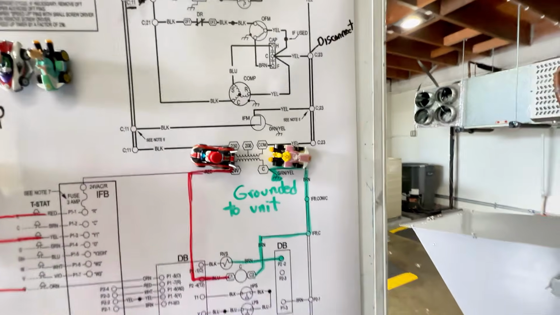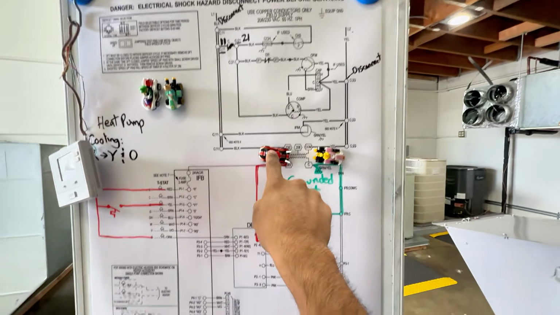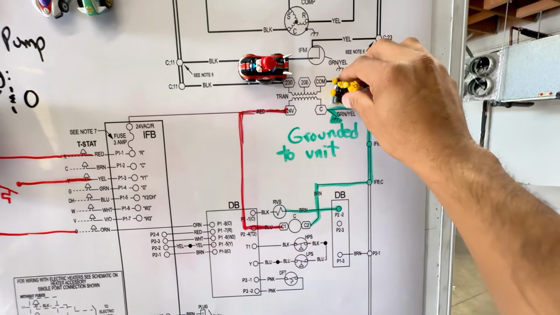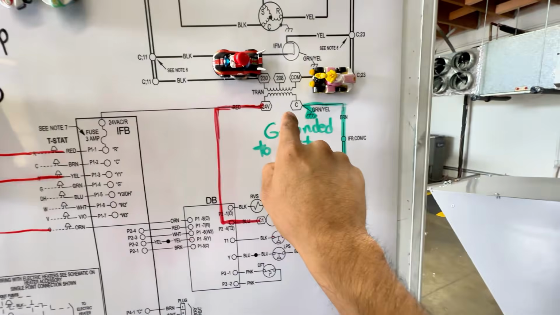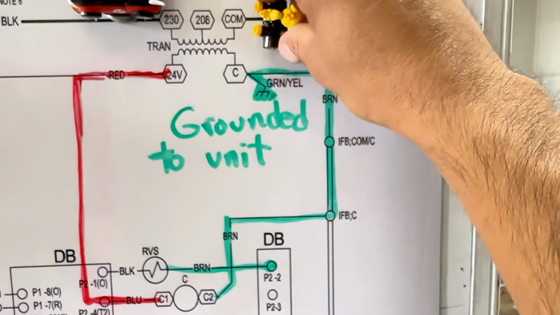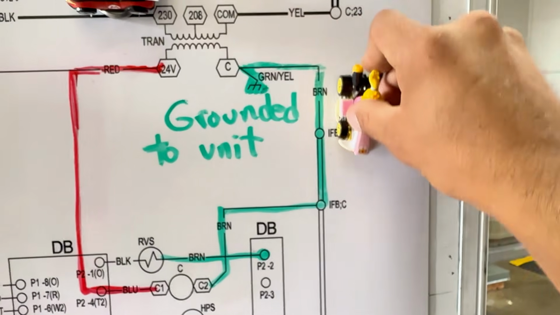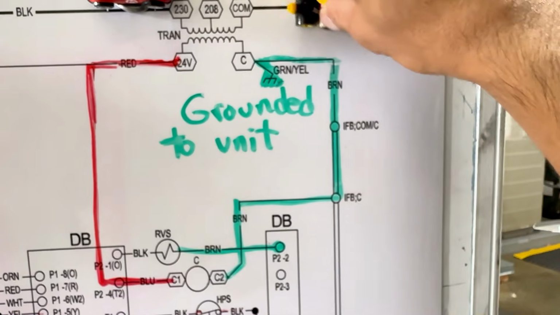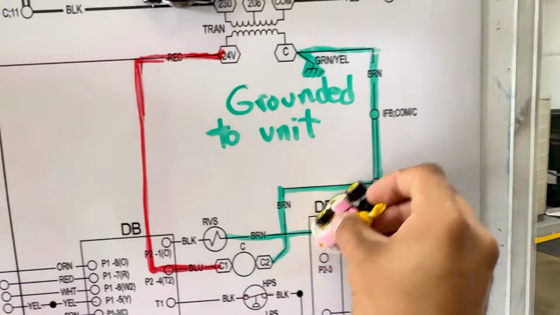So the way I did it right here, I literally bypassed this. So think about this, right? My source of my 24 volts is my transformer. For my common, let's get a little closer, you see, Peach, she's going to go. There's no open contact. She's just going to go, go, go. She's already here.